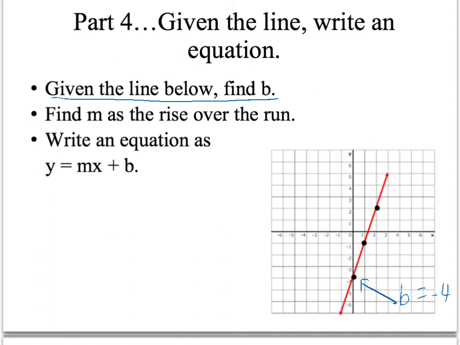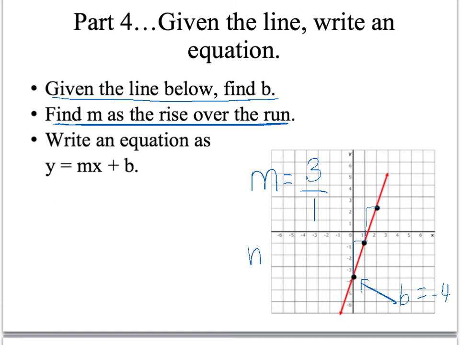Now, find M as the rise over run. So from that point, I am going to count up 3 and over 1. And again, up 3 over 1. Since the slope is always a constant rate of change, that's going to continue 3 over 1.